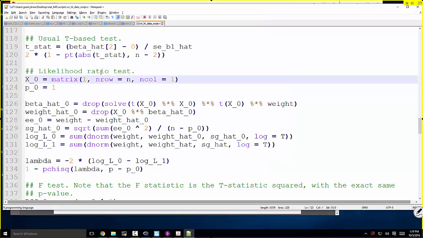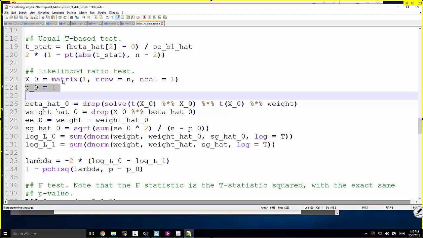That's what I have right here. The design matrix under the null hypothesis, X sub 0, is just a matrix with 1s in the first and only column. The dimensionality of the restricted model is just 1 because we only have one beta coefficient in the model.